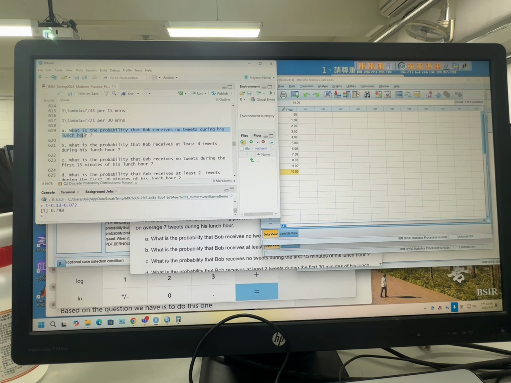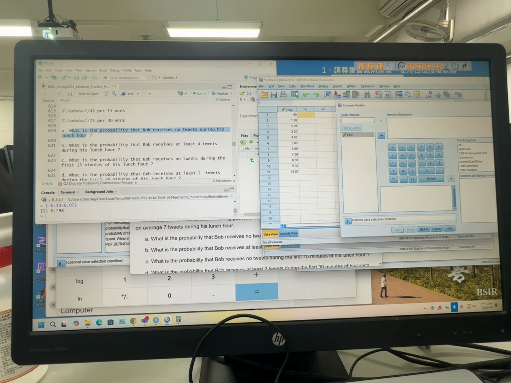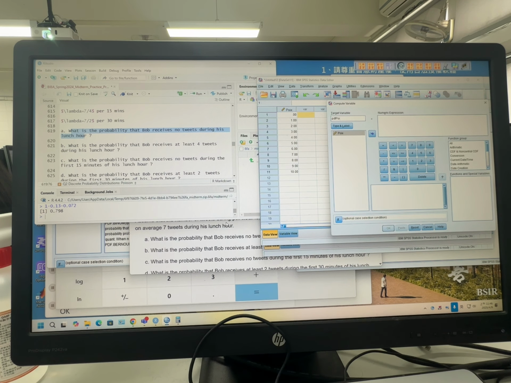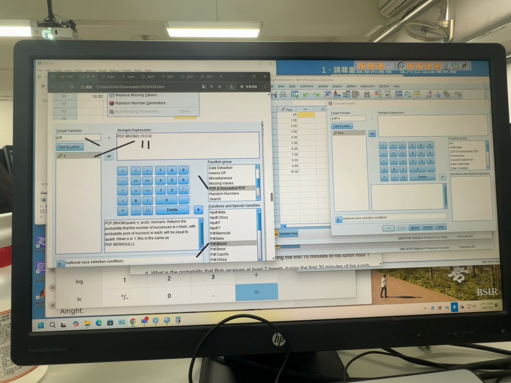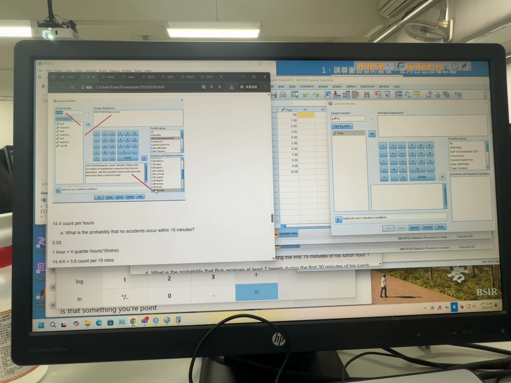So problem A, no suite, to compute this one, transform. Compute the variable, and you will do the same. And this is the PDF. It's the same thing here for Poisson.